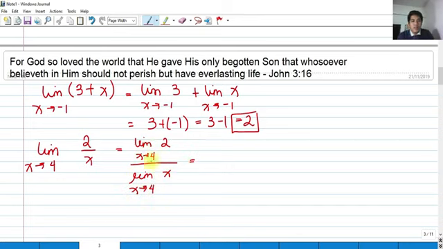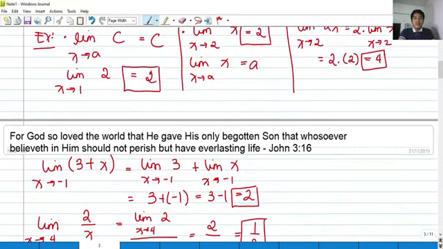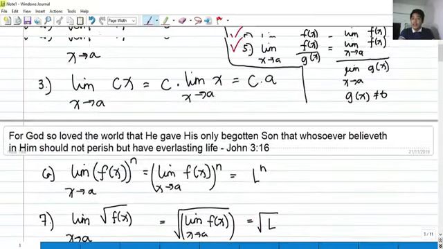From our property, the limit of a constant is the constant itself. The limit of 2 as x approaches 4 is simply equal to 2, because this is a constant. And the limit of x as x approaches 4, we simply substitute the value of 4 to the x. So we have 2/4, or in other words, 1/2. So we should avoid the denominator getting 0.